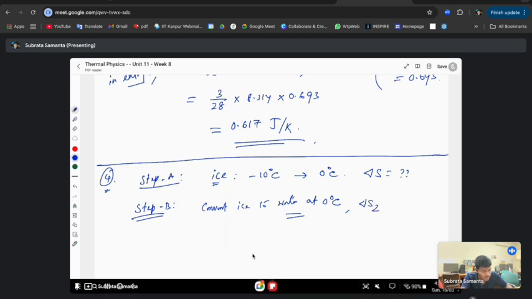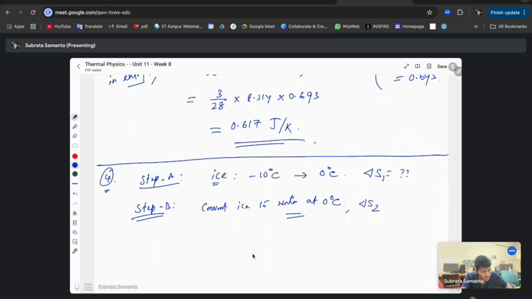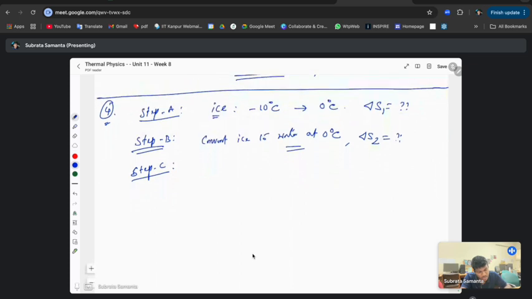So this is delta S 1 and this one is delta S 2, and step C is basically the water changing from 0 degree centigrade to 100 degree centigrade. So this is basically delta S 3.